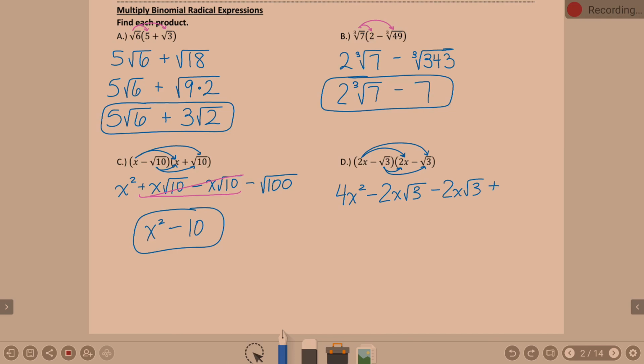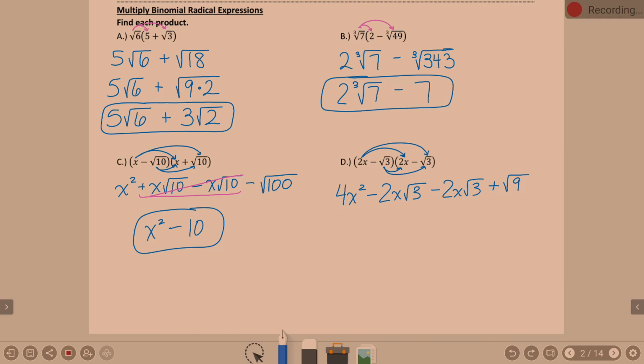Square root of 3 times square root of 3 can be written as square root of 9. What's that square root of 9 going to turn around and become, though? A 3. So a good rule to learn is that when you multiply a square root by itself, square root of 3 times square root of 3 is going to eventually become just 3. So that's a good rule to learn.